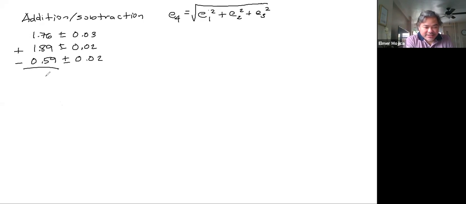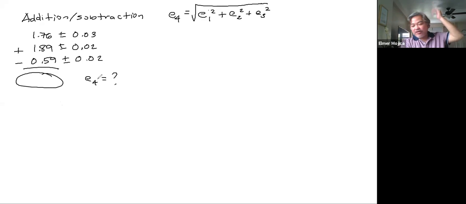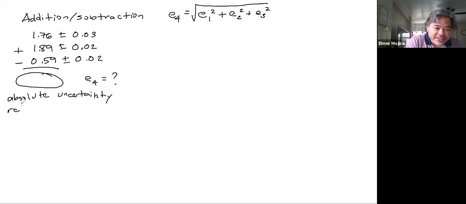So we can get right away the value here, but not right away the uncertainty. So how are we going to solve here for the absolute uncertainty and the relative uncertainty?